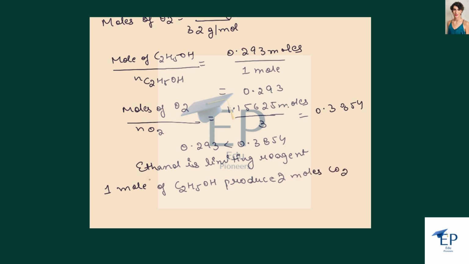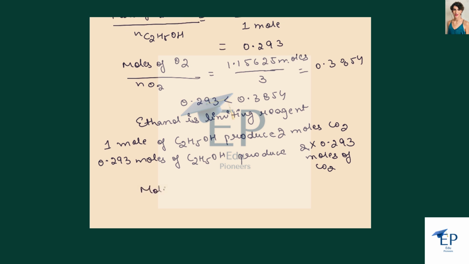So now 0.293 moles of ethanol will produce 2 multiplied by 0.293 moles of CO2. So from here we get the moles of carbon dioxide. So moles of carbon dioxide is equal to 2 multiplied by 0.293, which is equal to 0.586 moles.